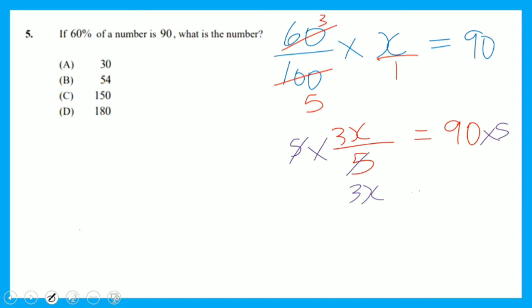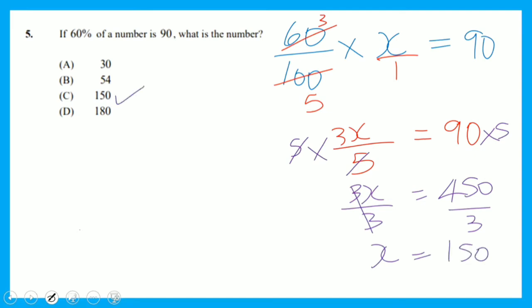And now we have 3x equals 450. Still we're trying to find X, so we're dividing by 3. Do that to both sides. X is equal to 150. Clearly our answer is C.